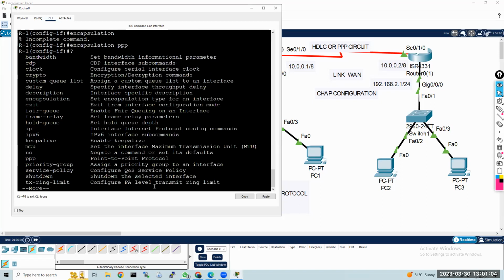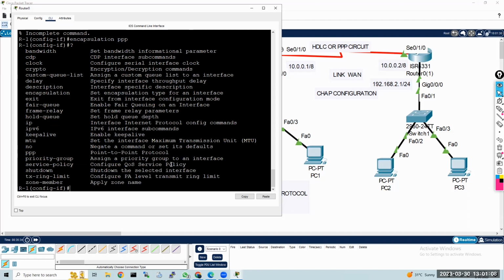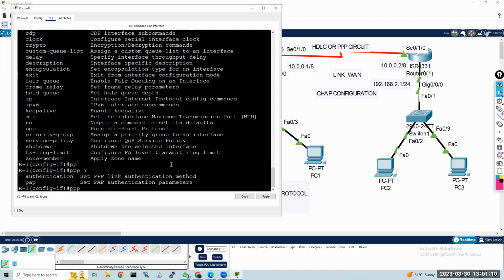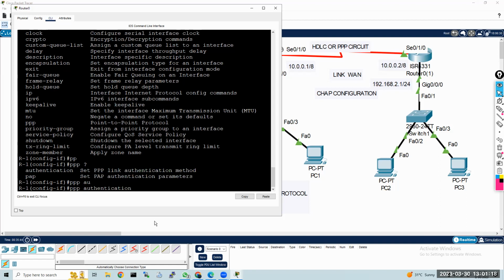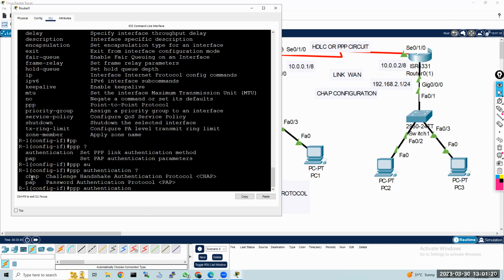Give the question mark and we can see PPP is available. Say PPP, then question mark: authentication, PPP link authentication method. I want to authenticate with CHAP, the Challenge Handshake Authentication Protocol.